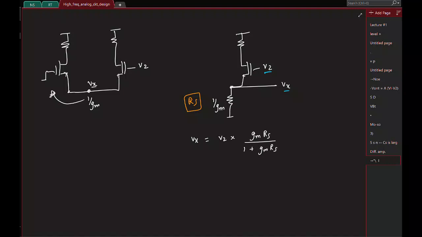So instead of Rs I have 1 by Gm. So what does it simplify to? It becomes 1 by 2, right? So due to V2 we have a contribution of V2 by 2. Similarly, due to V1, what do you think the contribution will be? Same, it's basically the symmetric circuit, so that's why you have this. Okay, great.